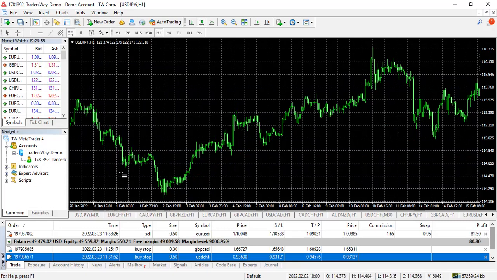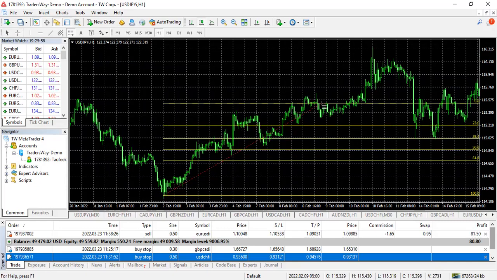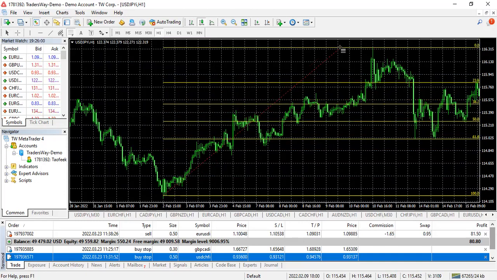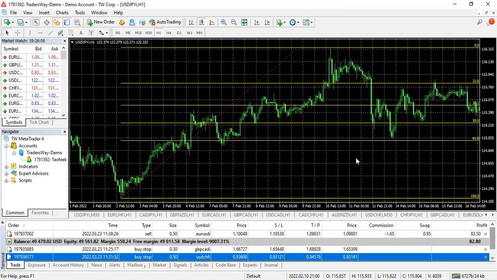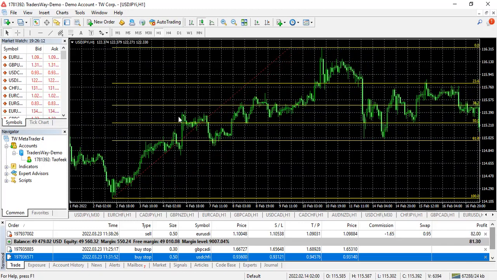So let's assume I'm taking it here, just like this. To identify our stop loss here, the market is ranging like this, the market is going up like this.